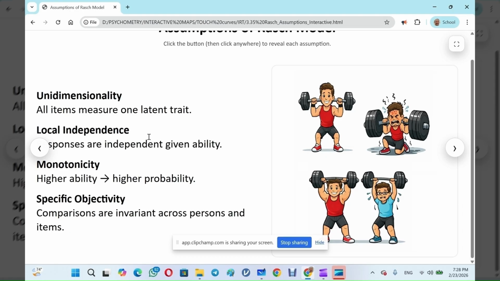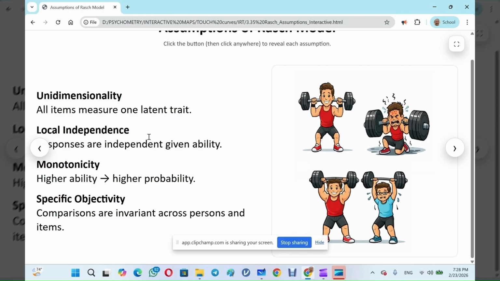Even if these items are used in another test, and that other test is also fitting the Rasch model, then we can equate these items in such a manner that they will have exactly the same value on both tests. So an item shouldn't change in difficulty according to the cohort of the students who were answering it.